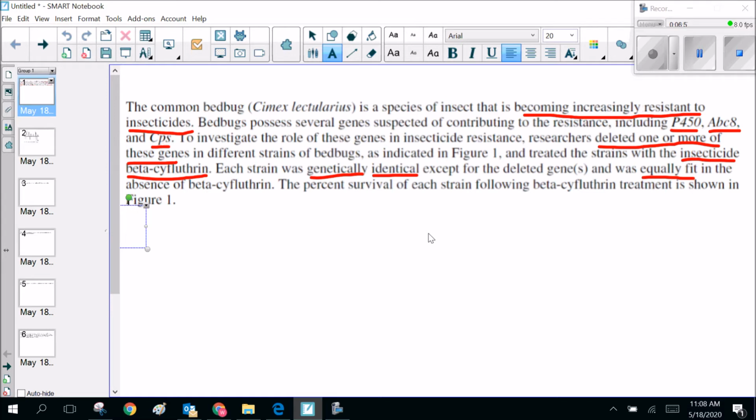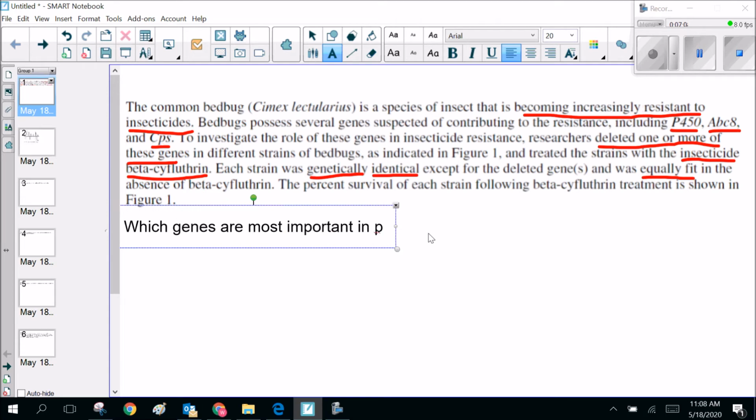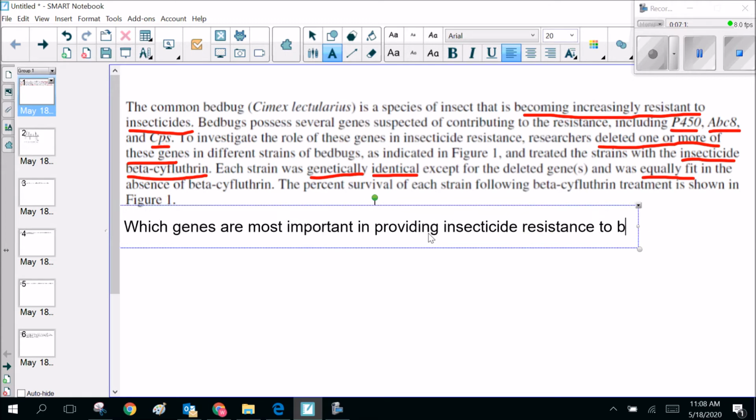So if I were to come up with a question for this experiment, I would say, which genes are most important in providing insecticide resistance to bedbugs? This is a very simple one-sentence question that encapsulates the spirit or drive of this study.